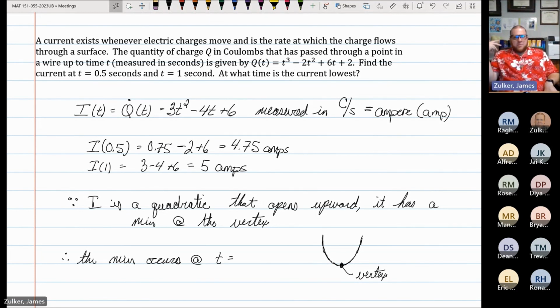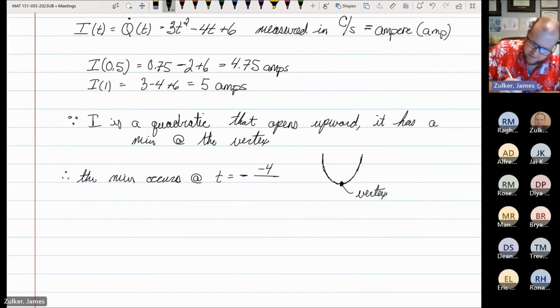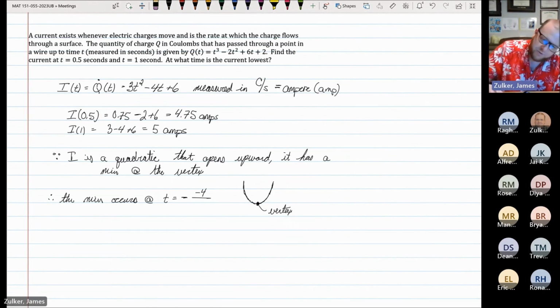They don't care about what the minimum current actually is. They're just asking for when does it occur. So we're looking for the x coordinate only of the vertex. Negative b over 2 times a.